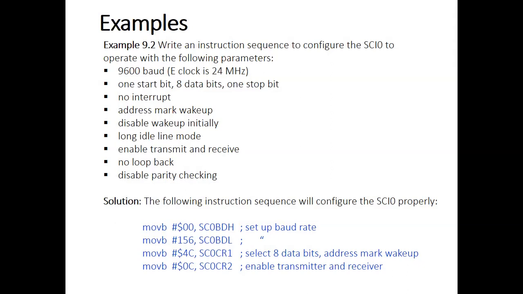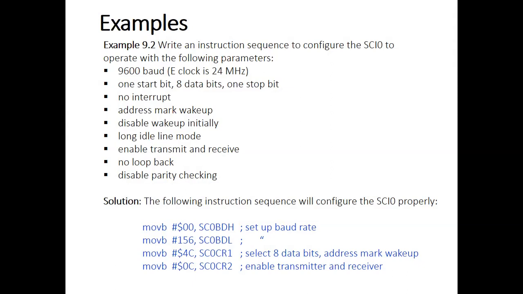Or it continuously monitors the line, and when the received data is its address, it starts to receive the data and stores it. This is called address mark wake up.